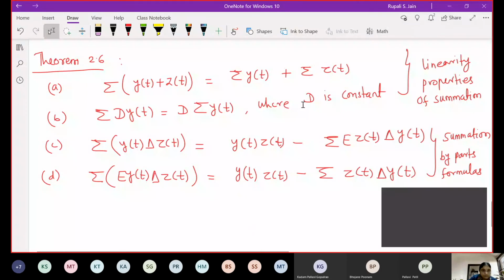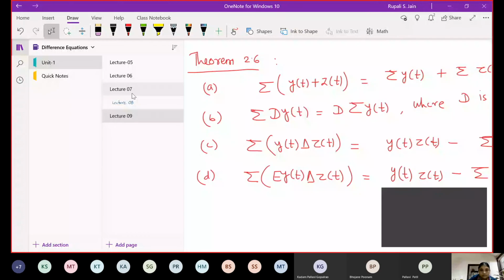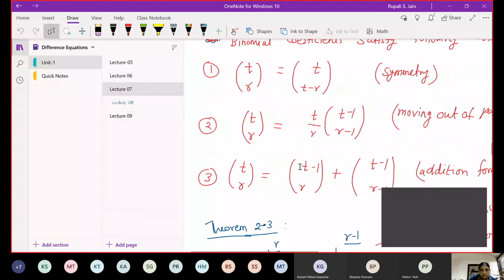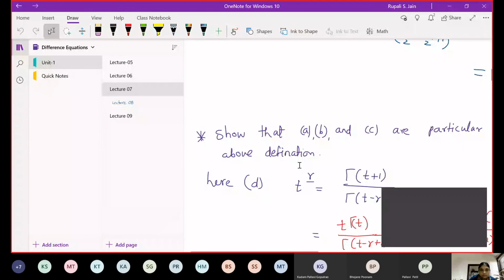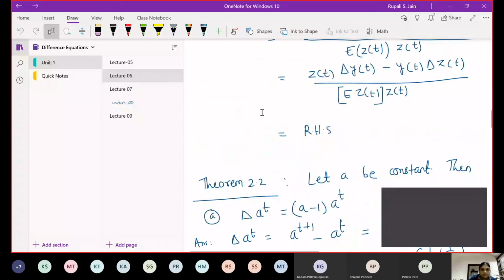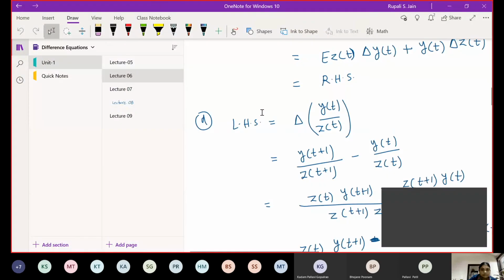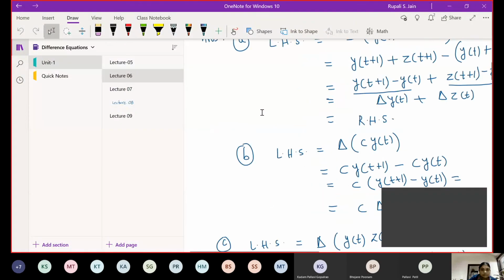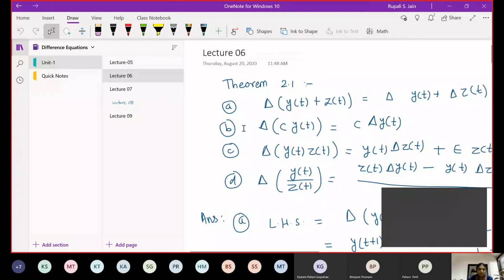In theorem 2.1, delta of yt plus zt is delta yt plus delta zt.